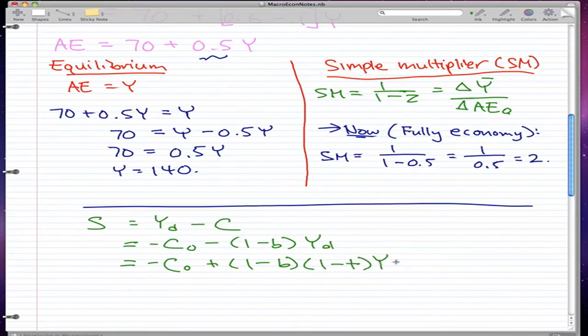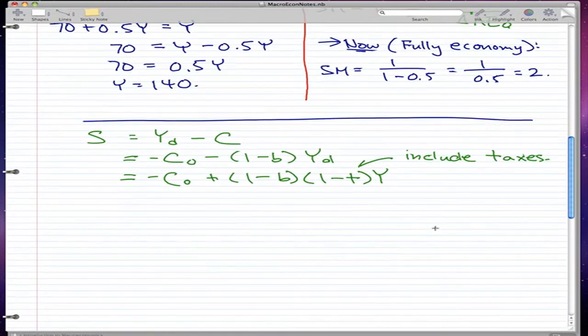Now this is something new. Before we didn't include taxes, so 1 minus T was 1 minus 0, which is 1, times Y, which is Y. But now we must include the factor of taxes now that we have government.